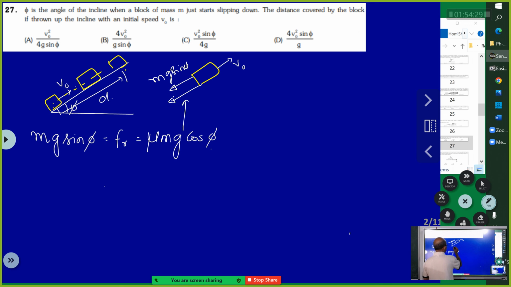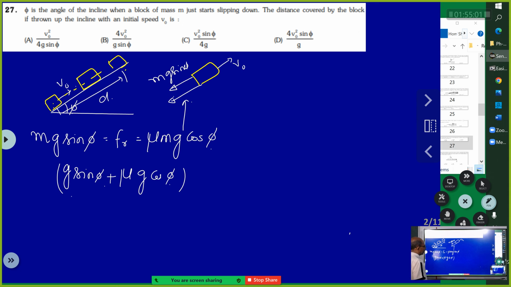So the acceleration in this direction will be g sin phi plus mu g cos phi. This will be the retardation up the incline.